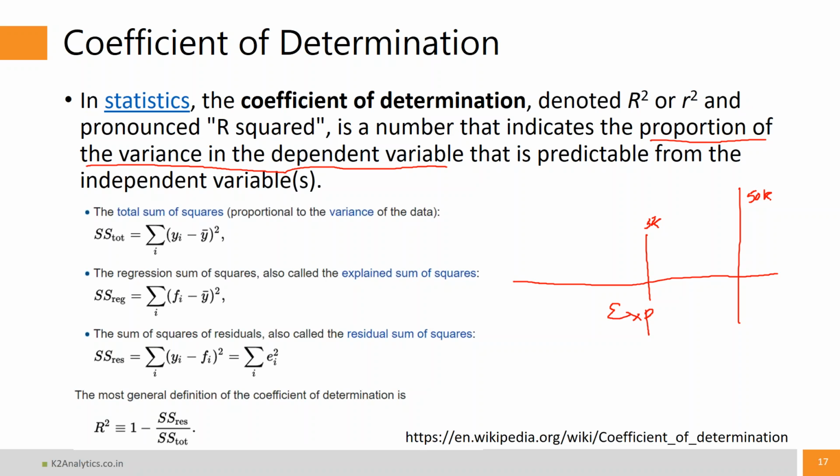Assume I take 50 employees from the same department, having more or less the same designation, and I know their salaries are different. But now I start adding some additional information.